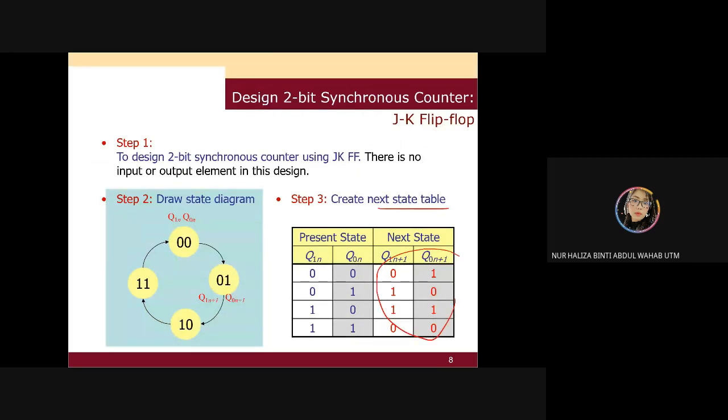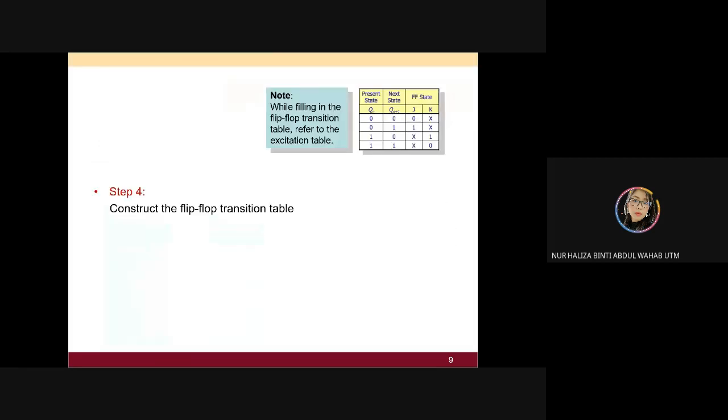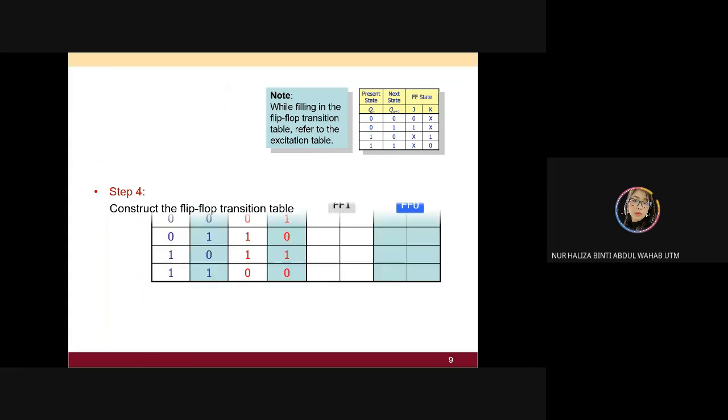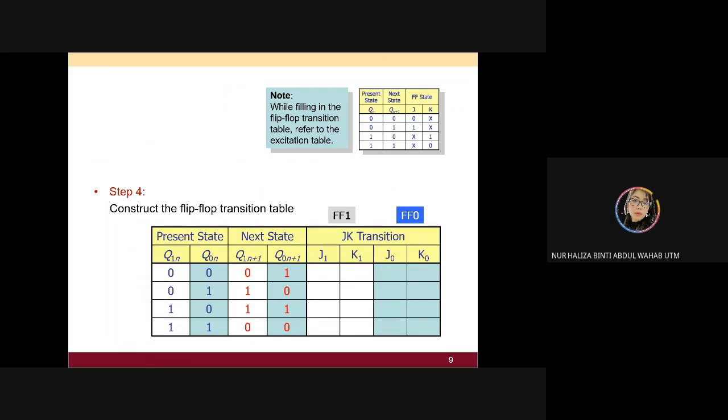After that, you have the flip-flop transition table. I already mentioned to you, you just need to see from the previous state to the next state, what will happen. 0 to the 1.